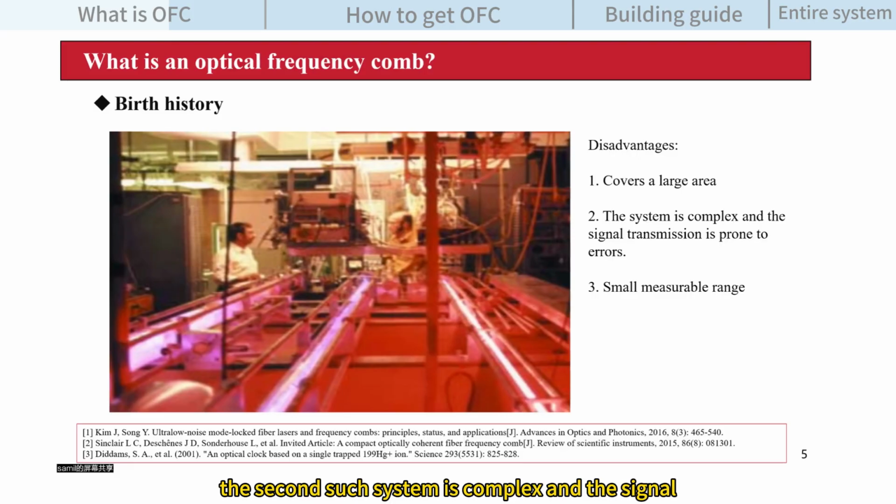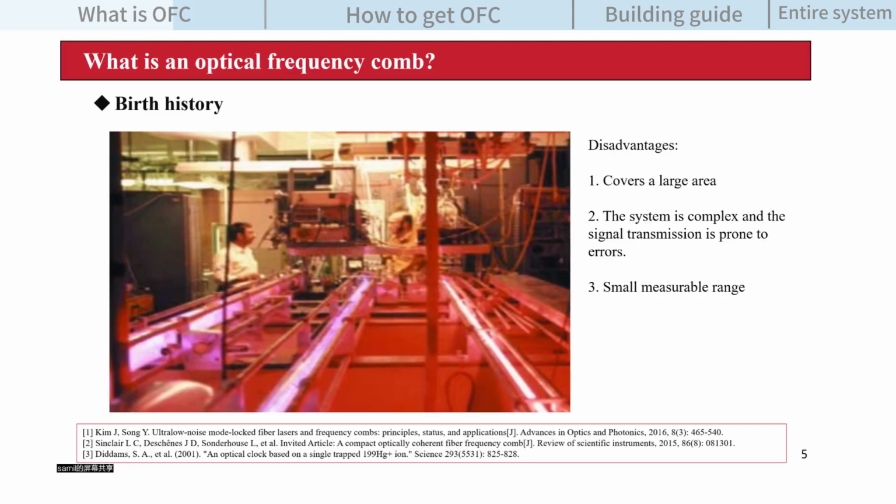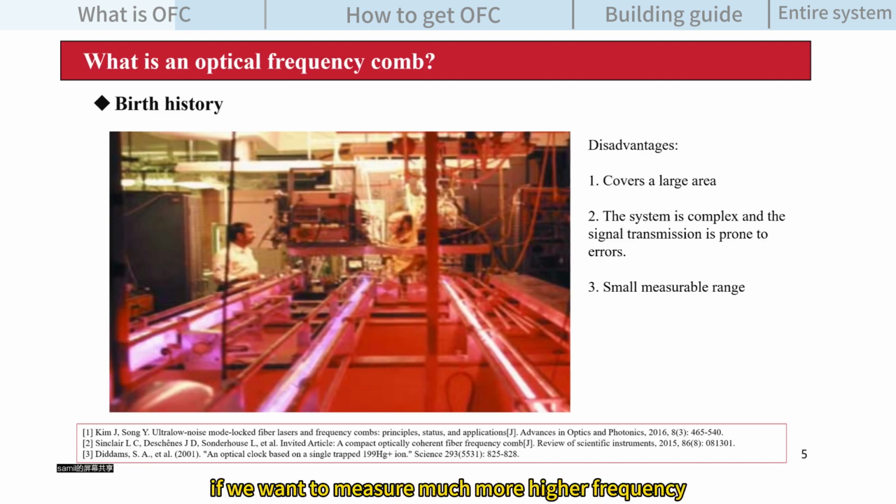Second, such a system is complex and the signal transmission will introduce errors that we cannot eliminate. Third, if we want to measure much higher frequencies, we will need many more lasers and many more physical groups. So such technology has a small measurable range.